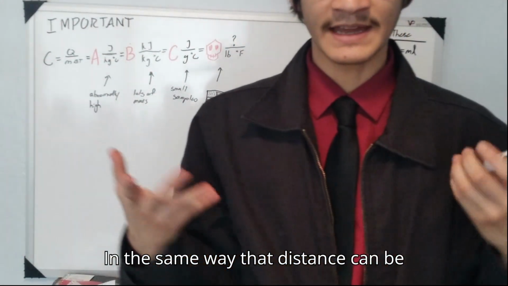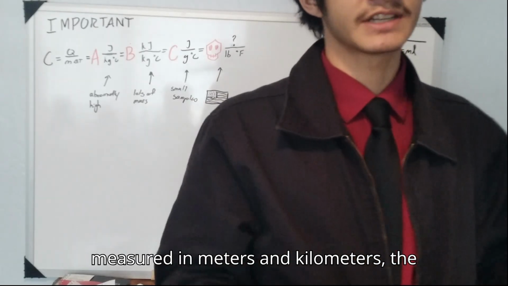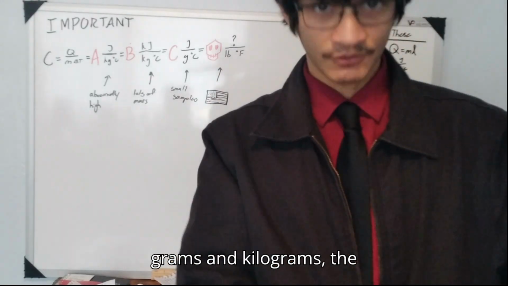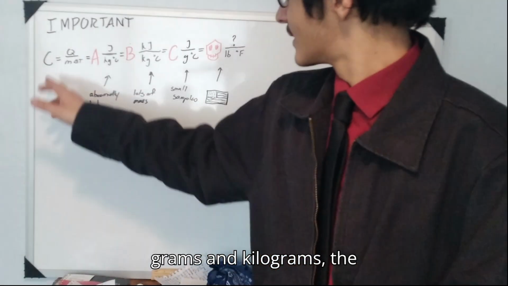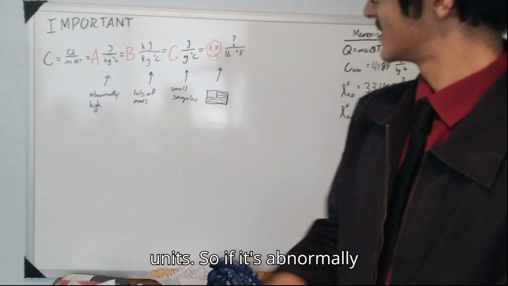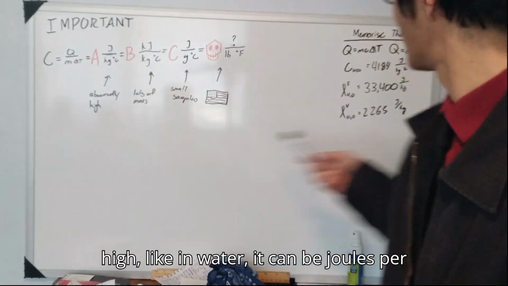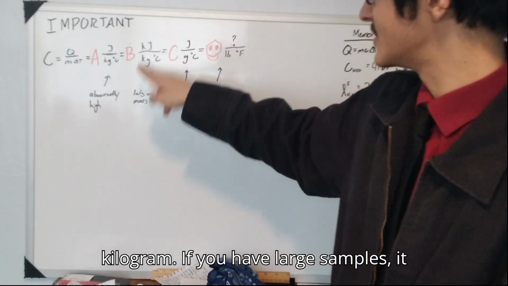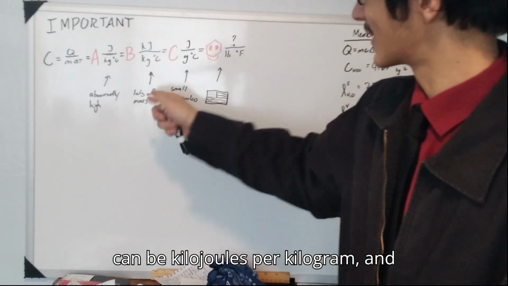In the same way that distance can be measured in meters and kilometers, the same way that mass can be measured in grams and kilograms, the heat capacity can come in all sorts of units. So if it's abnormally high, like in water, it can be joules per kilogram. If you have large samples, it can be kilojoules per kilogram.